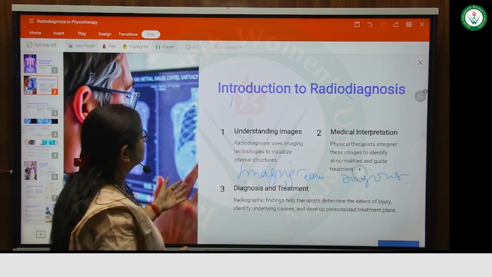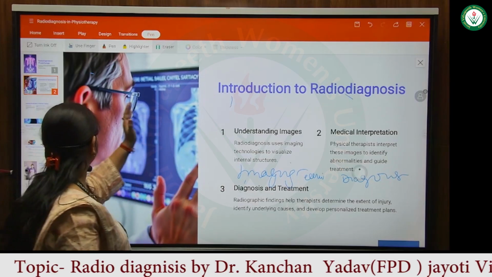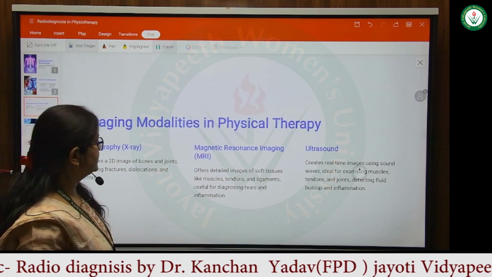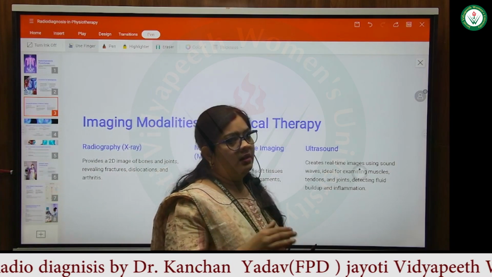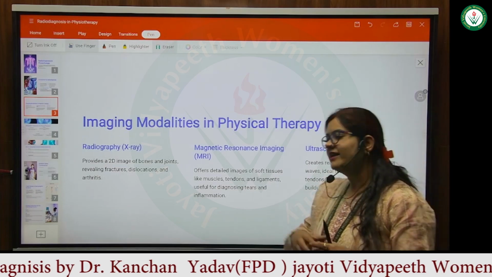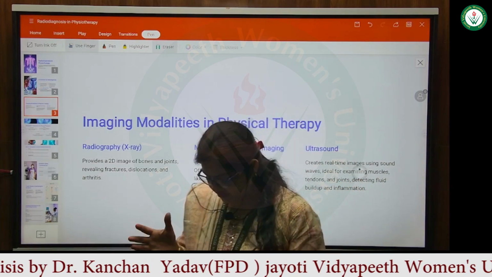So with this, we have the introductory part of the radio diagnosis. Now the another thing is the imaging modalities in physical therapy. For a physiotherapist, we have a vast number of conditions which we are treating.